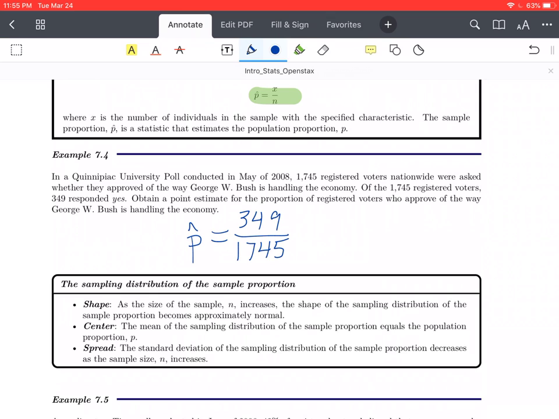If we get this as a decimal, it actually works out pretty nicely. It's 0.2. So p hat is 0.2. So in general, if we wanted to extrapolate this, to make claims about larger groups based on this sample, we would say about 20% of registered voters approve of the way that he's handling the economy.